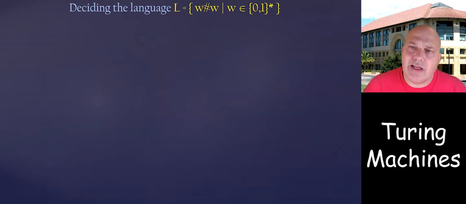So let's see what Turing machines can do, and let's start with something that Turing machines can do and finite automata cannot do. A Turing machine can decide, which is the stronger sense, the language composed of W sharp W, which is essentially the concatenation of two words that are the same.